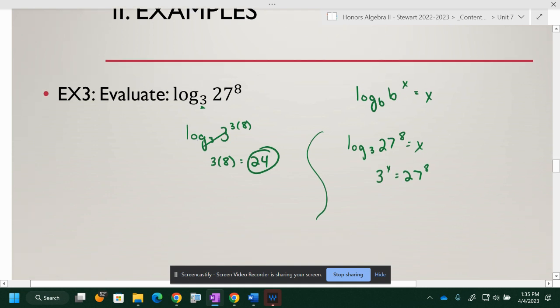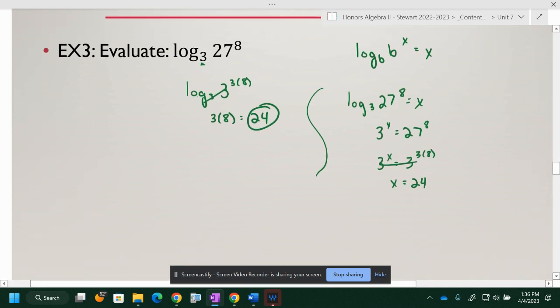Now you need the same base. It goes back to those laws of exponents. 3 to the x. This is 3 cubed. X is equal to 24. So if you don't know how to do it, you can still use that workaround from those laws of exponents that we did before.